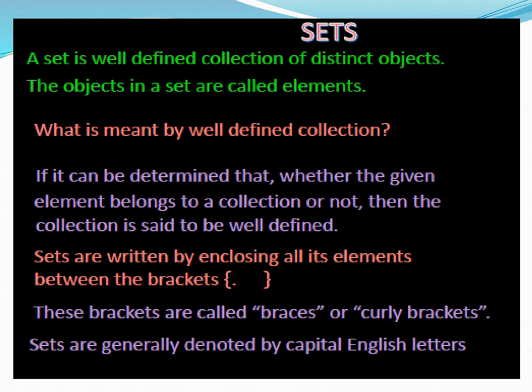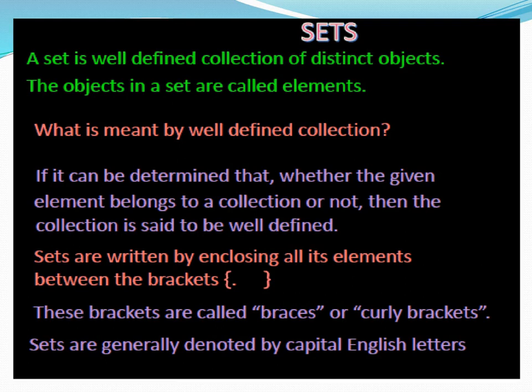If it can be determined whether a given element belongs to a collection or not, then the collection is said to be well defined. It means you can take any group of items and decide whether that element belongs to that group or not.